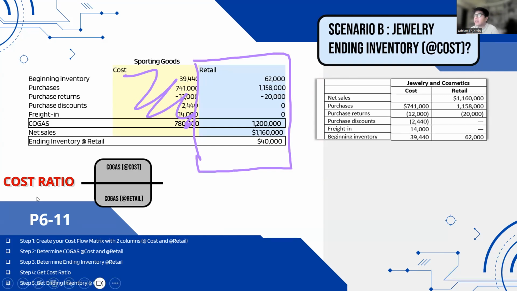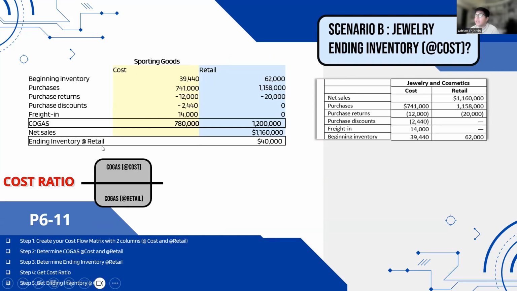Now, how do we get that? By multiplying the ending inventory at retail, the 40,000, times your cost ratio. So, how do we get our cost ratio? It's basically COGAS at cost, which is 780,000, divided by 1.2 million. That will give you your cost ratio of 65%. So, 65% of this 40,000 refers to your ending inventory at cost.